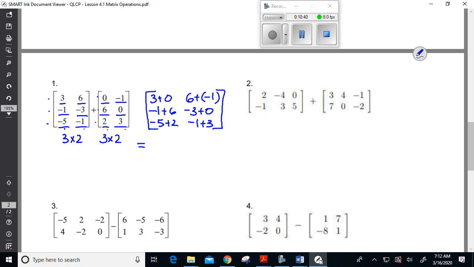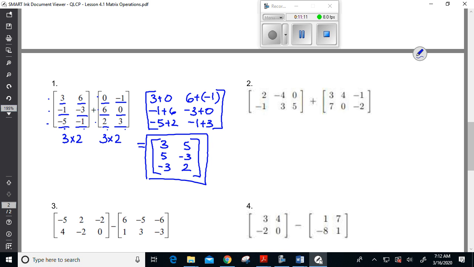So that's how the adding would work. Now all you have to do is just do it. So 6 plus -1 is 5. -1 plus 6 is 5. -3, -3, and a +2. And just like that, that's the end of the problem. Again, you're just adding the corresponding parts.